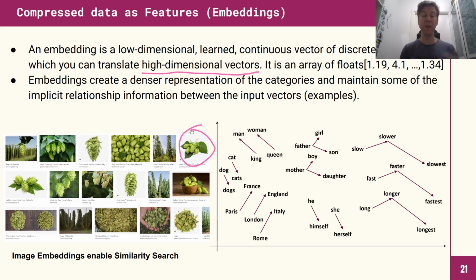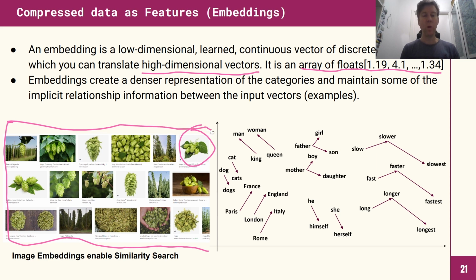An image might have 1 million pixels in it if it's a high definition image, and we'd like to compress the information in that image into a small array of floats. It might be of length 50, 100, 200, 300, something like that. So every image in this data set over here, we're going to compress into an array of floats of, let's say, length 300.